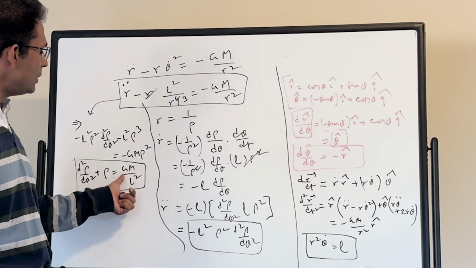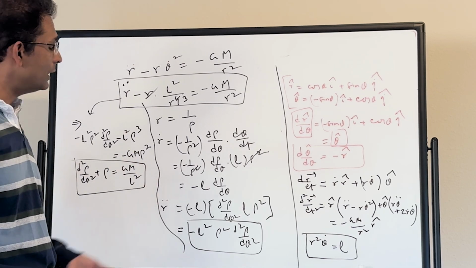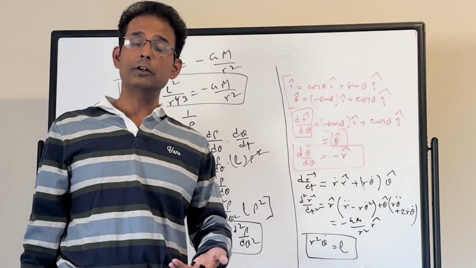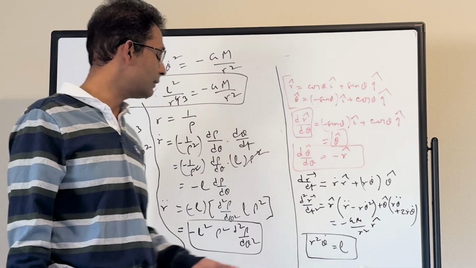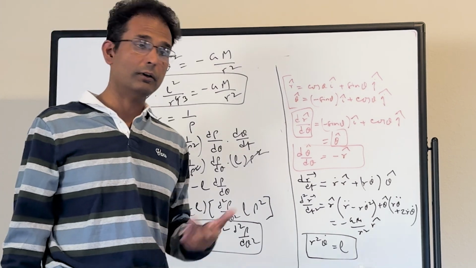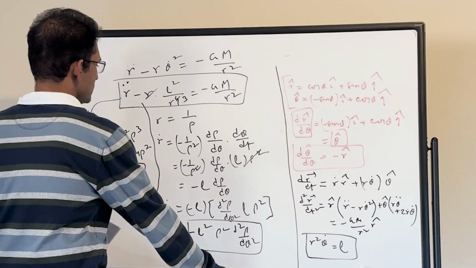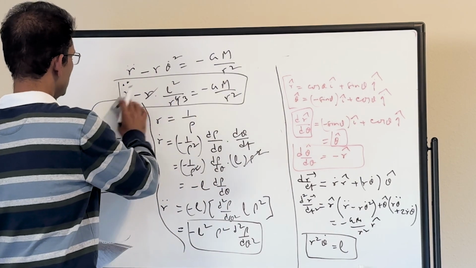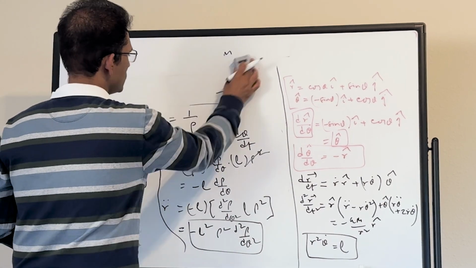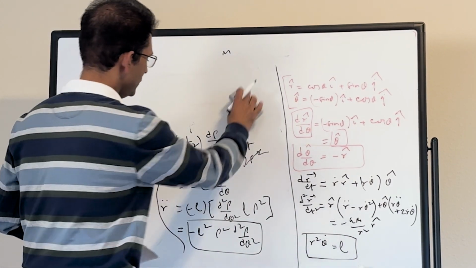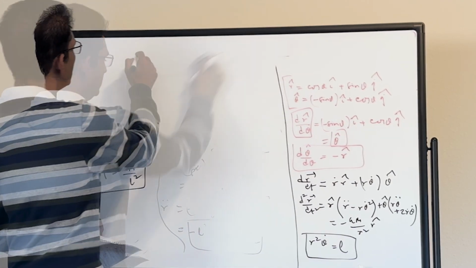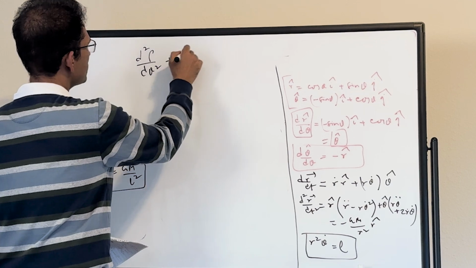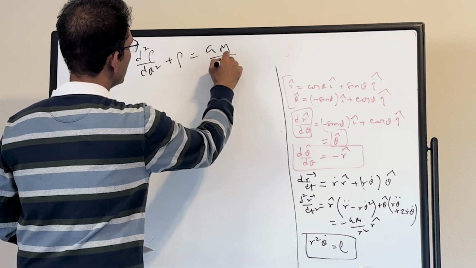Here you have a constant term, so you need to consider homogeneous solutions and special solutions, and then add them together to get the general solution. So let's actually do that. It's really easy to write down the solution. Things did simplify, that's my point. So my equation is d2 rho d theta squared plus rho is GM over L squared.